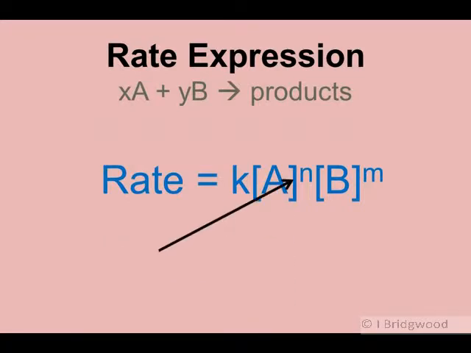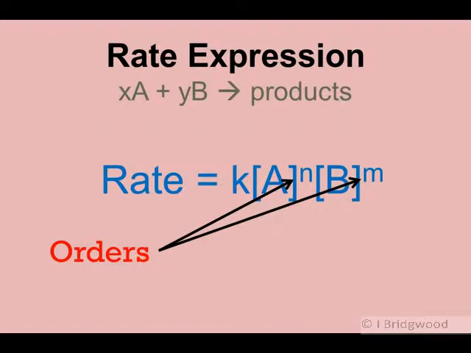Now, those two values, n and m, are given names as orders of reaction. So if n equals 1, we would say that the rate of reaction is first order with respect to A. If m were equal to 2, then it would be second order with respect to B. It could possibly be 0 as well.